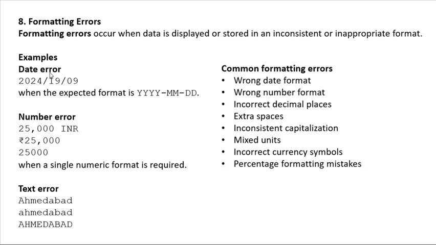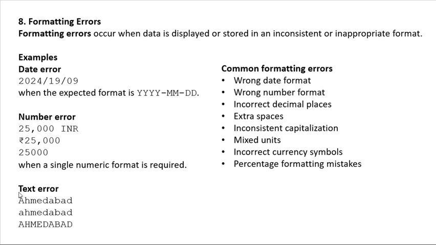Examples are date errors, like 20 2024 and then the day 19 and then the month, when the expected format is year, month, day. Number errors are like 25,000: INR is Indian currency, so INR and the rupee symbol are written with 25,000, and a third time only 25,000 is written without any symbol.